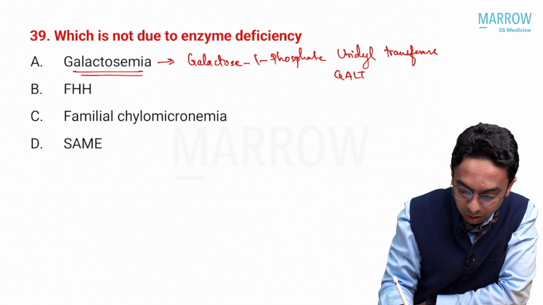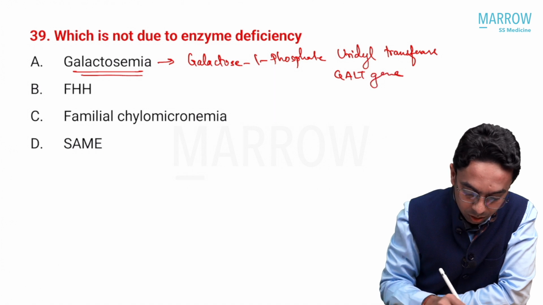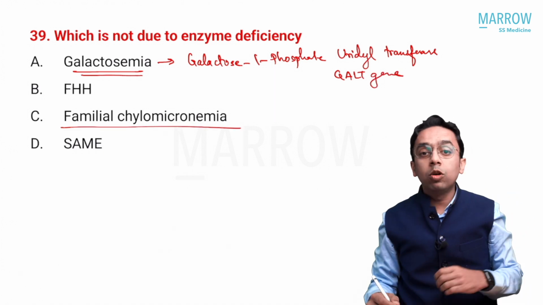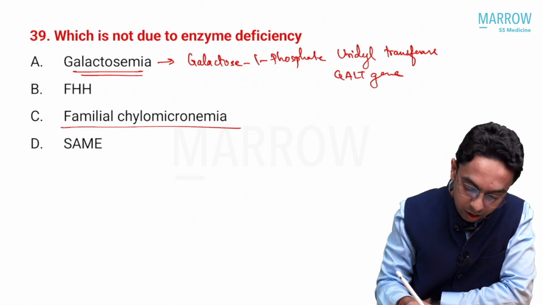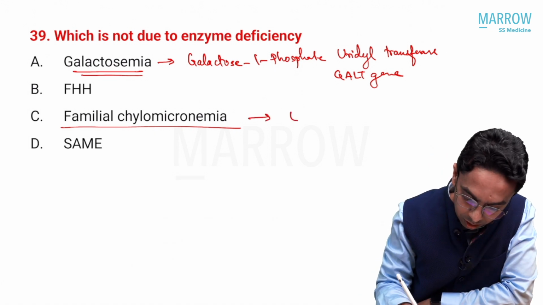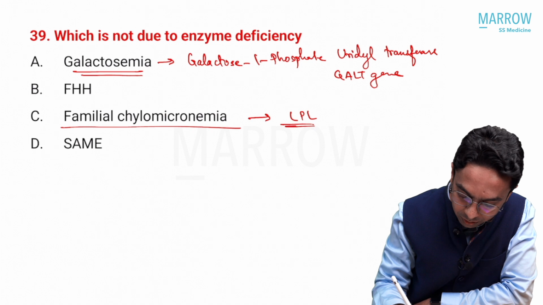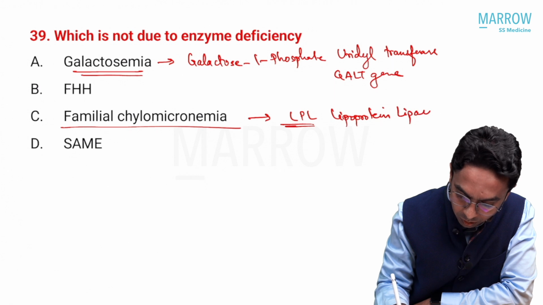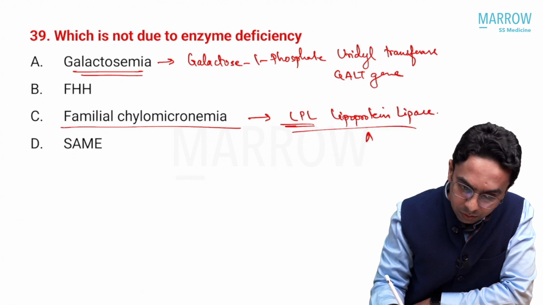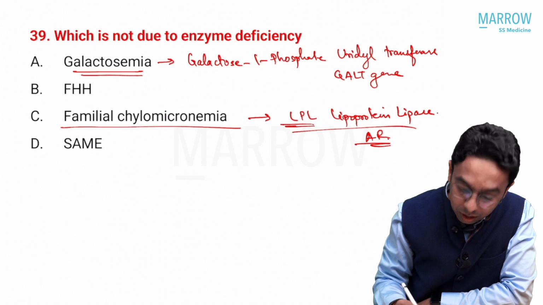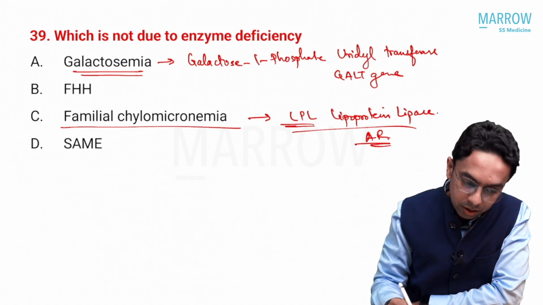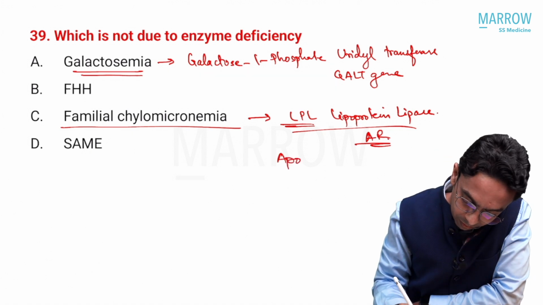Gene is the GALT gene. Familial chylomicronemia, we know this is due to a defect in LPL, lipoprotein lipase. This is autosomal recessive. Also, it is due to one more defect, that is ApoC2 deficiency.